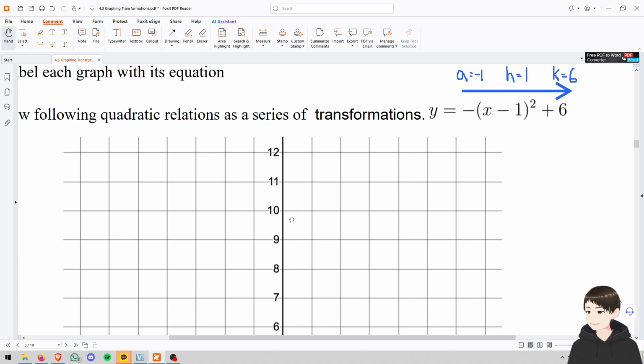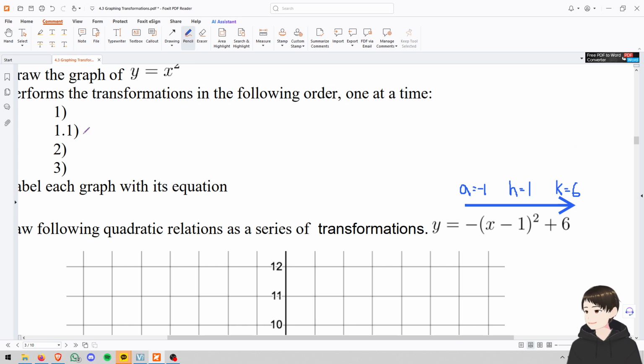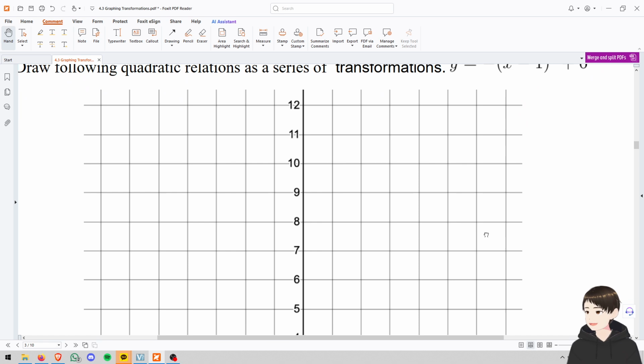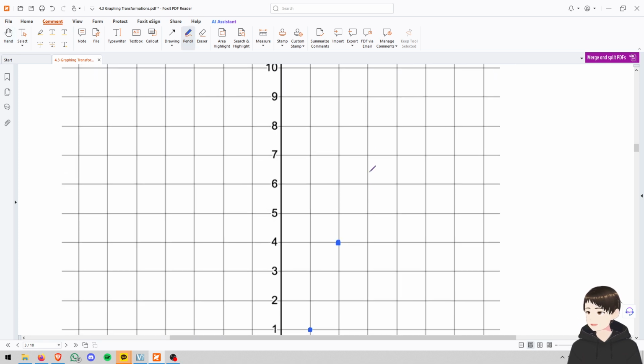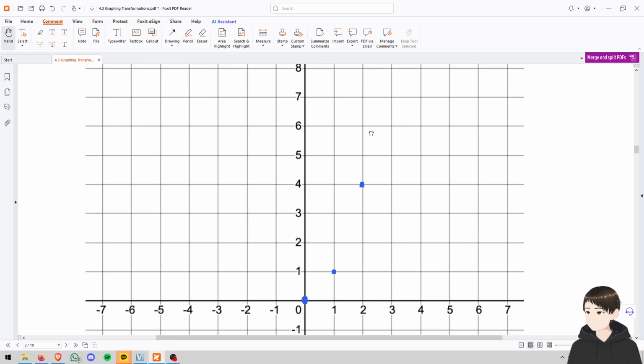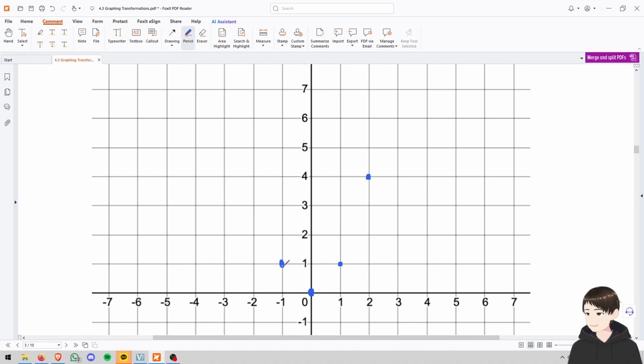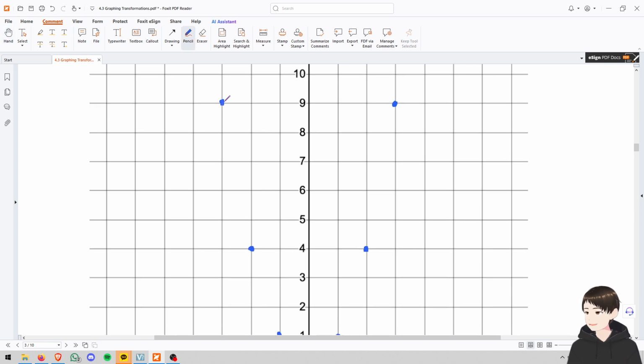Let me do it first, and then let me write it out in words what's happening. Okay? Here's my function. A is negative 1, H is 1, K is 6. Start by graphing the parent function without looking. So once again, 0, 0, 1, 1, 2, 4, 3, 9, 0, negative 1, 1, negative 2, 4, negative 3, 9.